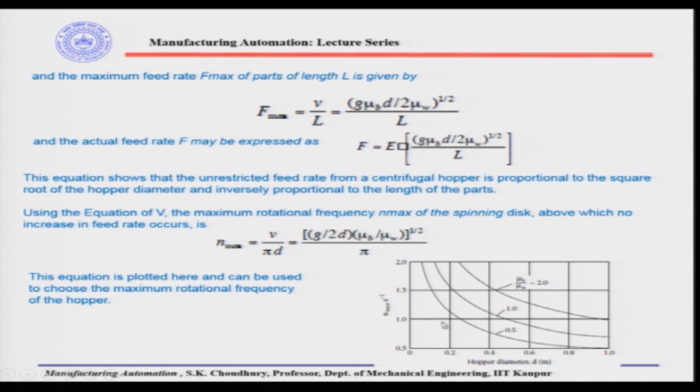So, for a particular ratio of mu b and mu w, you know what hopper diameter you have to select. This is kind of a calibration curve, so that depending on the maximum rotational frequency you can select the hopper diameter.